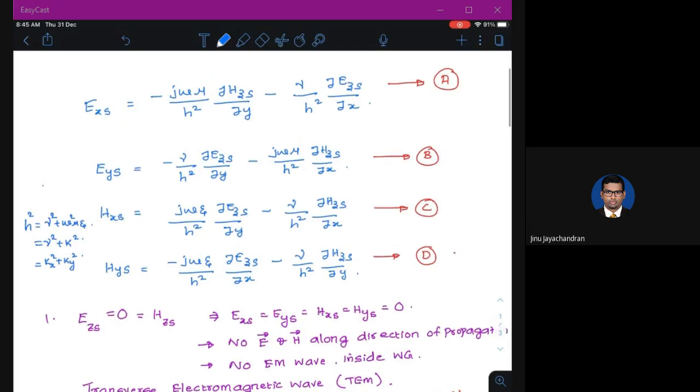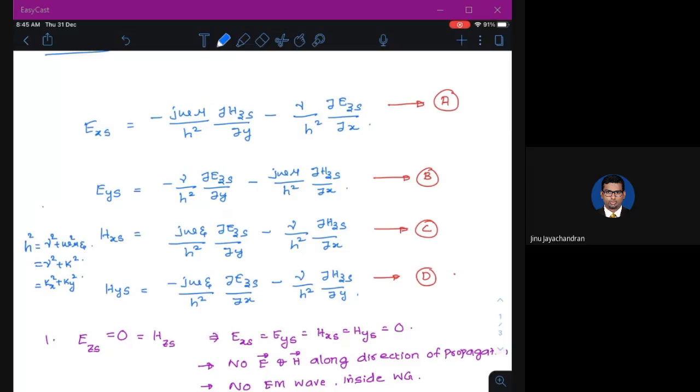Now, next what we are going to do is find out the actual expression of Hzs and Ezs. If you can find the expression for Hzs and Ezs, then we can substitute that in this equation, and we can find how the electric field looks in x direction, similarly in y. The magnetic field, how does it look in x direction, and similarly in y.